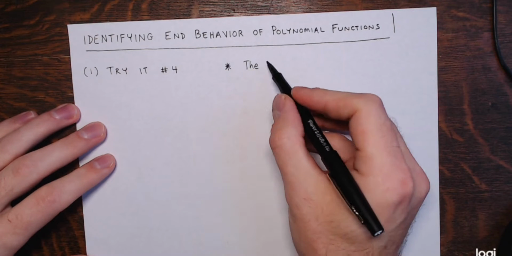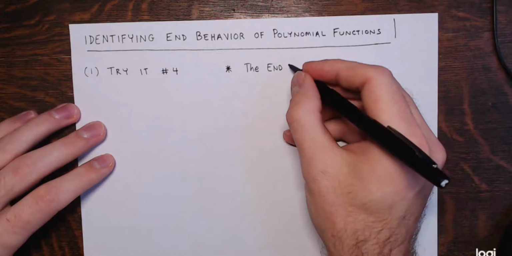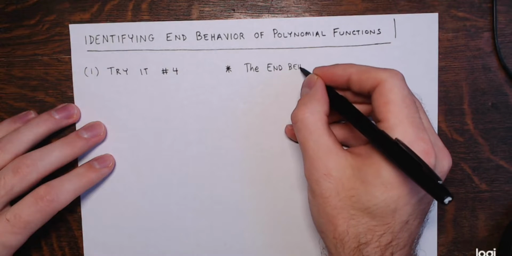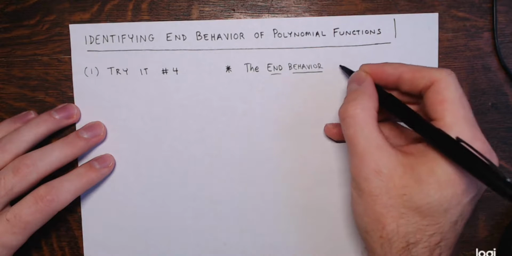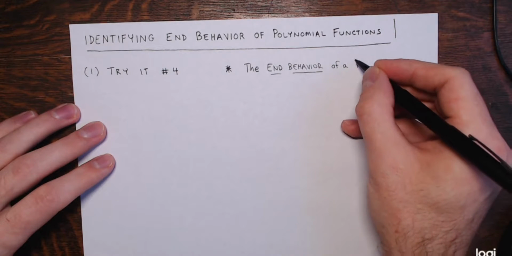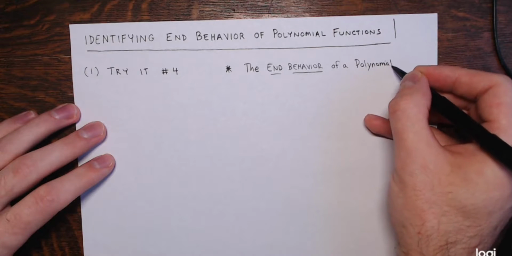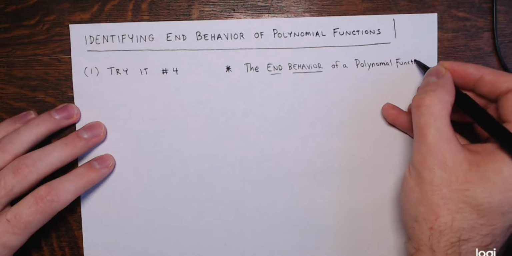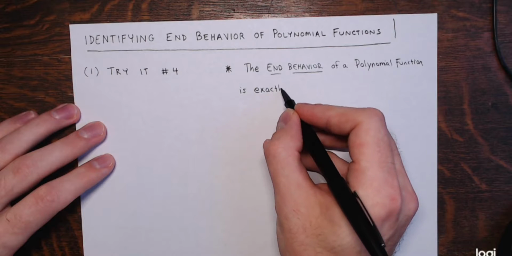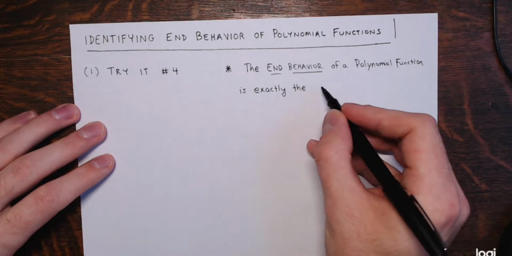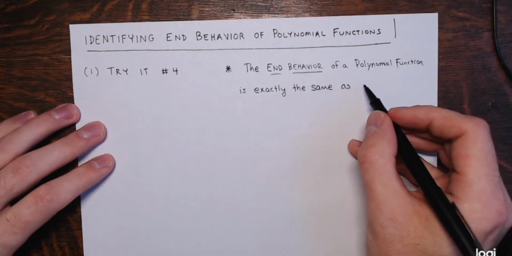The end behavior, what happens to the far right and far left of the function. The end behavior of a polynomial function is exactly the same as the end behavior of its leading term.